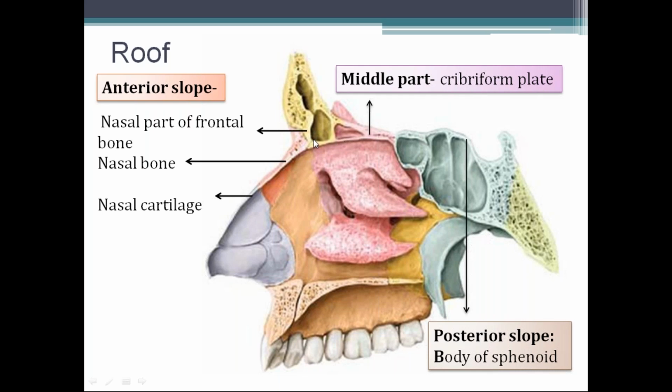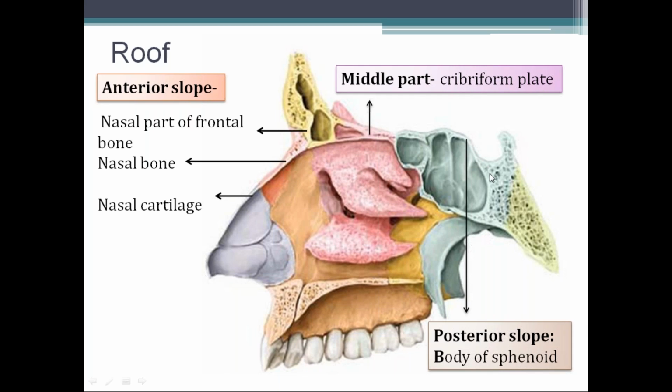The middle horizontal part is formed by the cribriform plate of the ethmoid. The posterior slope is formed by the body of the sphenoid bone. So the roof is formed by nasal cartilage, nasal bone, nasal spine of the frontal bone, cribriform plate of the ethmoid, and body of the sphenoid.